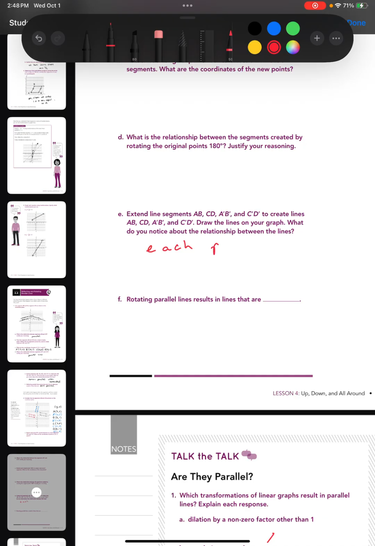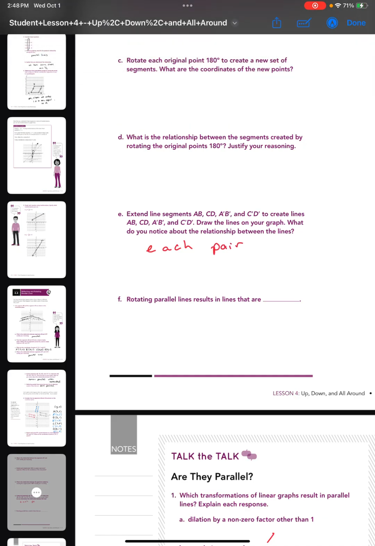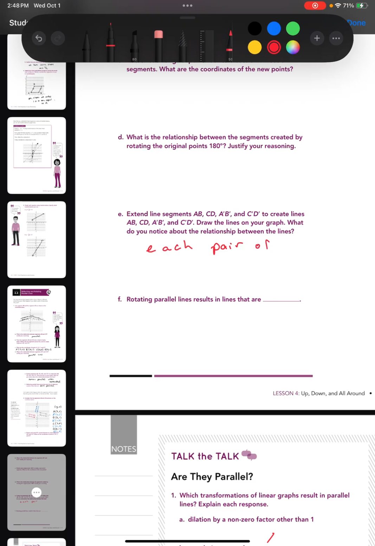So each pair of line segments is still parallel. So rotating parallel lines results in lines that are still parallel. That does not change parallel lines. They're going to remain parallel even when rotated.